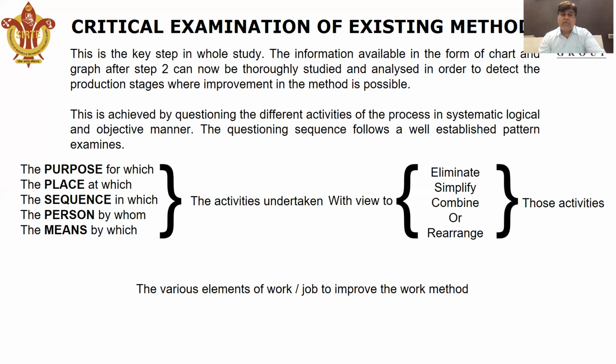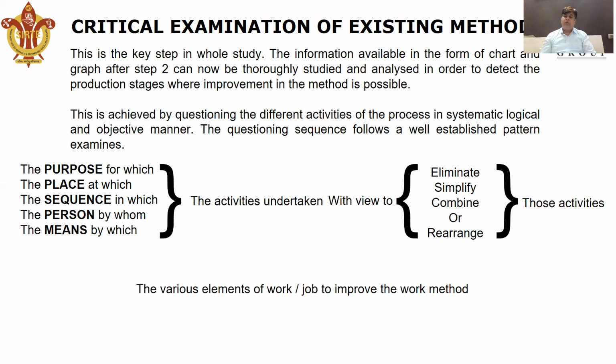So we have to ask like this: the purpose for which the activity is undertaken, with a view to eliminate, simplify, combine, or rearrange those activities. The questions we should ask are: what purpose we are using it for; the place at which the activity is undertaken; the sequence in which the activity is going; the person by whom the activity is undertaken; and the means by which the activity is undertaken.